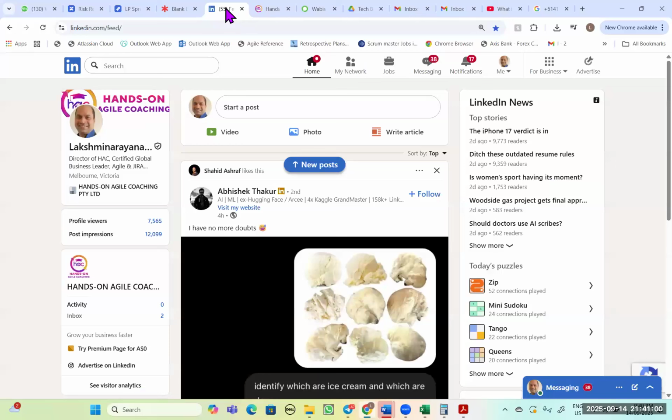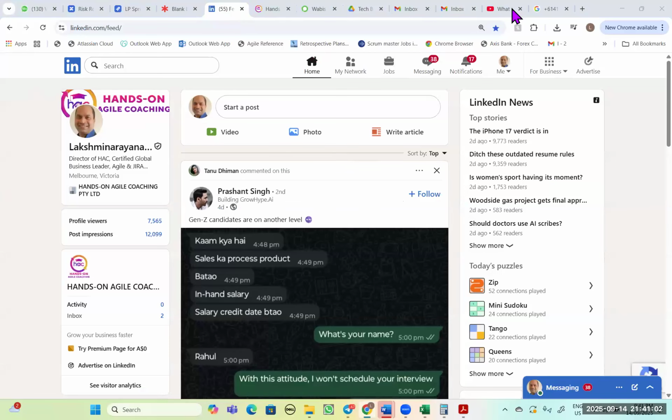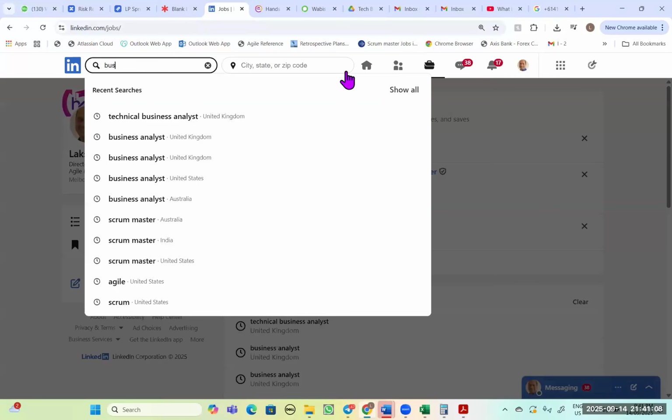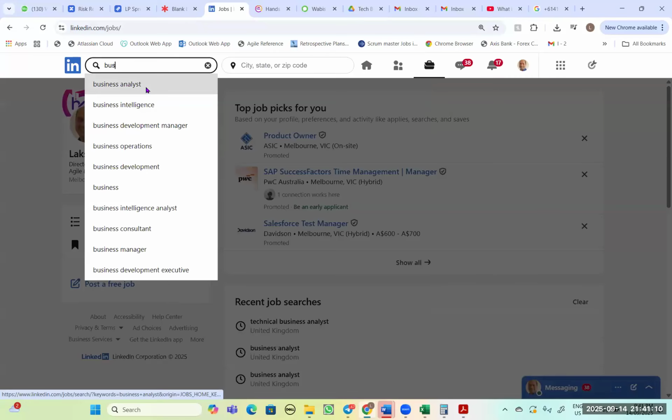There is huge demand for business analysts, technical business analysts. You can go to your location, type, for example, business analyst, and then type your location, Australia or India or United States, and go through the job descriptions.